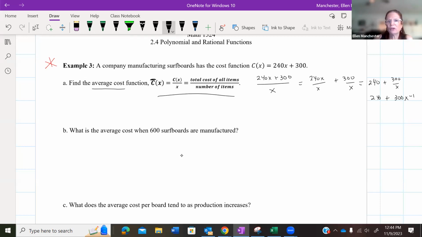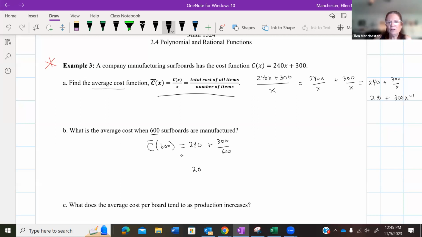In my math lab, it actually tells you how to do it. So if you're looking at an average, you just divide by the number of products, which is always dividing by x. So when you're looking for the cost when you have 600 surfboards, 600 is the number of products. So our average cost at 600, we're going to go 240 plus 300 divided by 600.